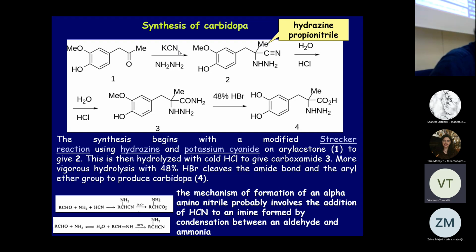Potassium cyanide and hydrazine. Potassium cyanide is able to give the cyanide ions, and hydrazine is able to attack to form the Schiff base with the ketone.